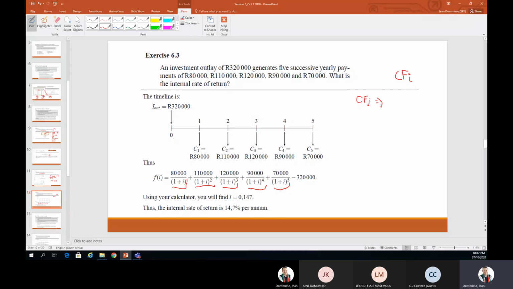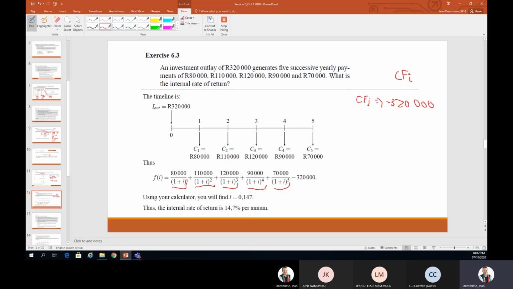So on my side, then how I can do it with my function is that the first one I would say minus 320,000 CFJ.